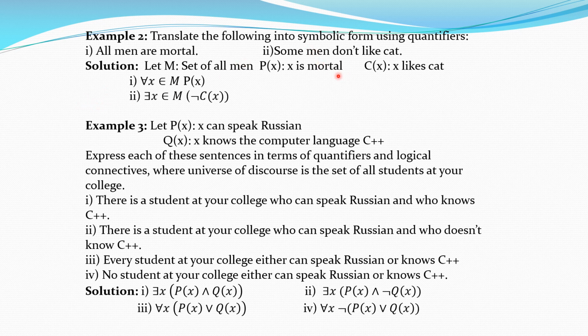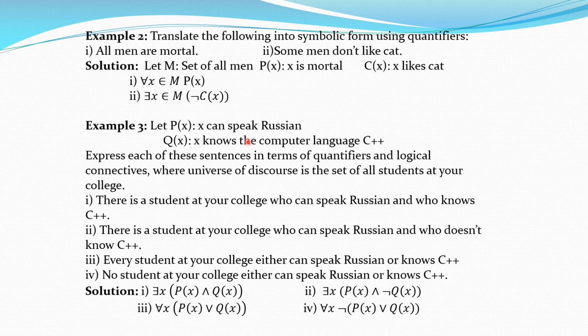Now, Cx is x likes cat and here it is given as don't like cat. So, we have to consider negation of Cx. So, there exists x in M such that negation Cx. Now, instead of defining x likes cat as Cx, if you define Cx as x does not like cat, then in that case, instead of negation, you can write directly Cx. So, in this way, we can convert the given statement in symbolic form using quantifiers.